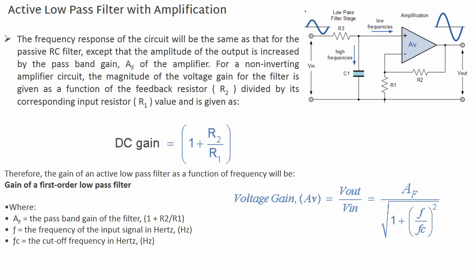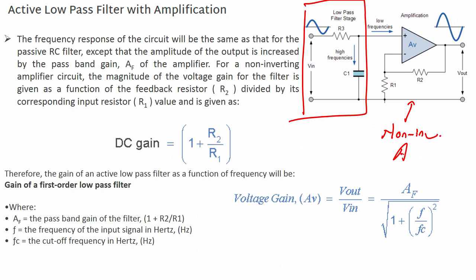The low pass filter is shown here, and here I have connected a non inverting amplifier. You see here what is my circuit? Non inverting amplifier, correct. So the frequency response of the circuit will be the same as that of the RC filter, except that the amplitude of the output is increased by the passband gain AF.